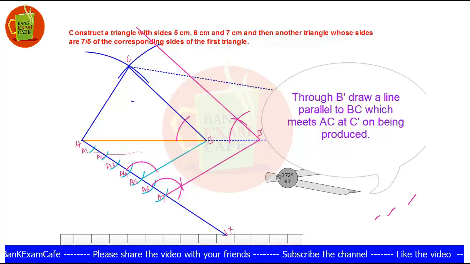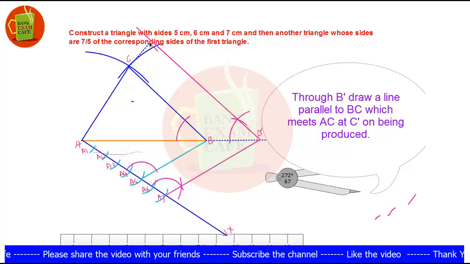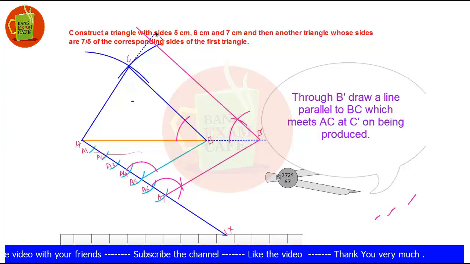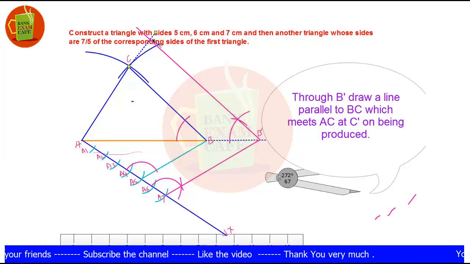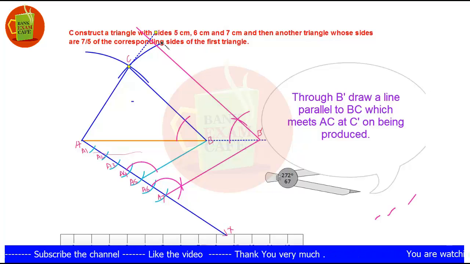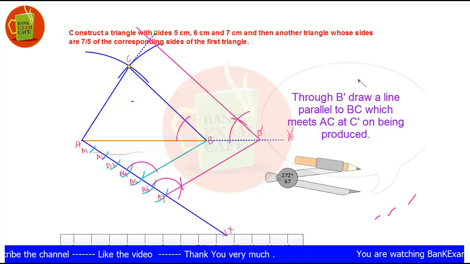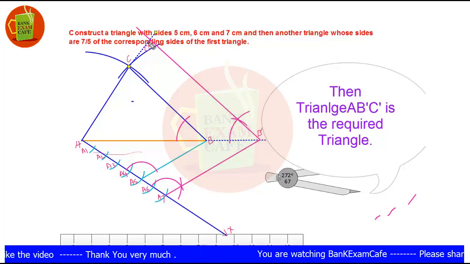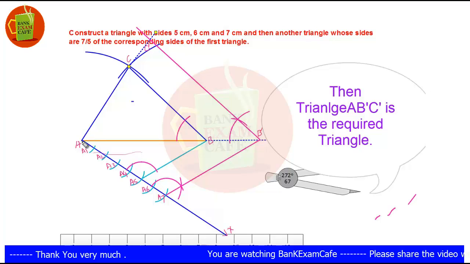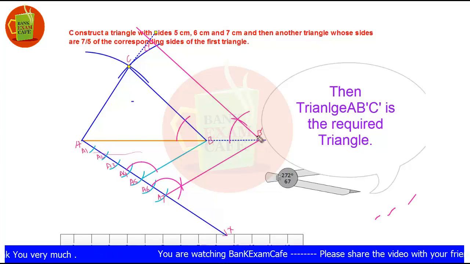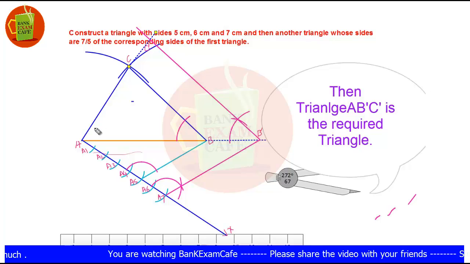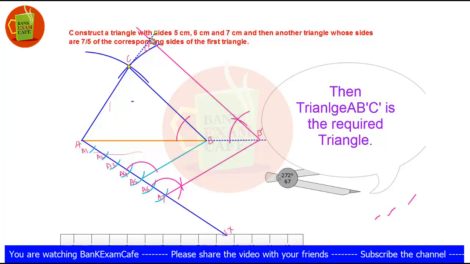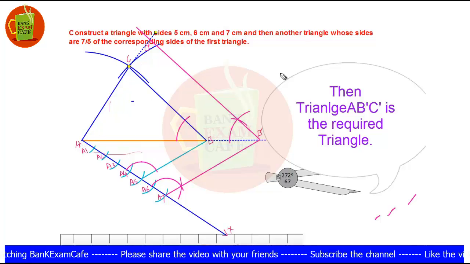So from this point, produce AC intersecting this line segment and let this point of intersection be C dash. This point of intersection is C dash, and therefore A B dash C dash is the required triangle.